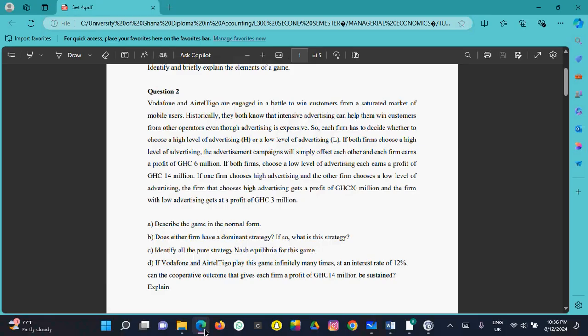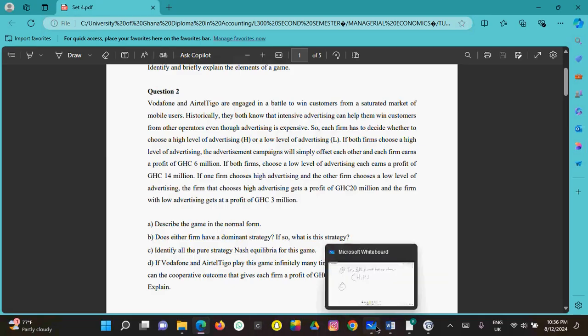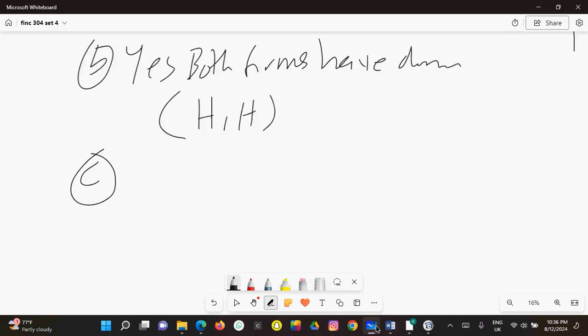C: identify the pure strategy Nash equilibrium for this game. So now let's talk about Nash equilibrium. Nash equilibrium occurs where best responses meet. Keep this in mind.